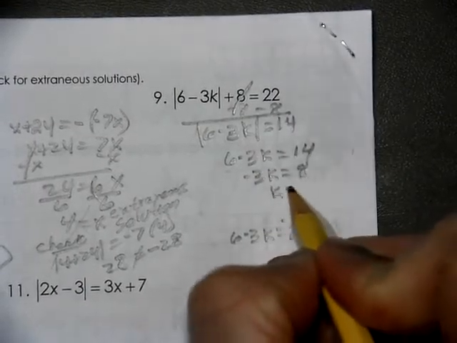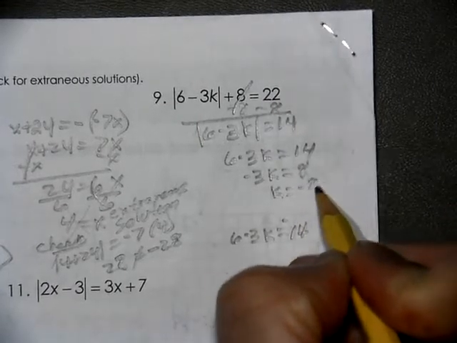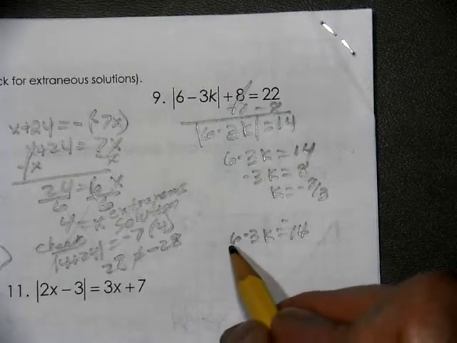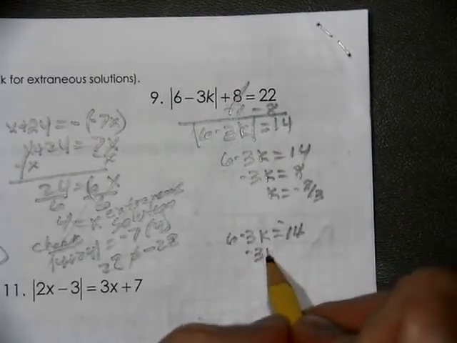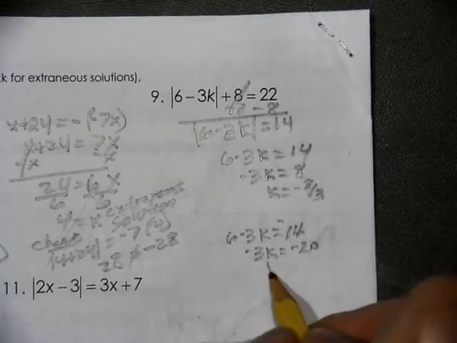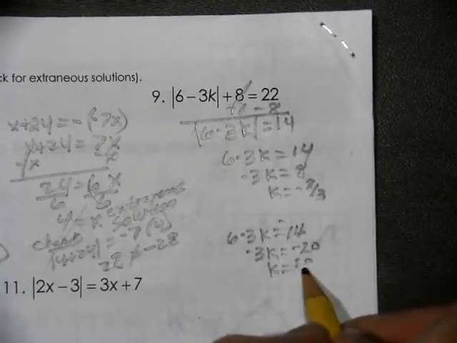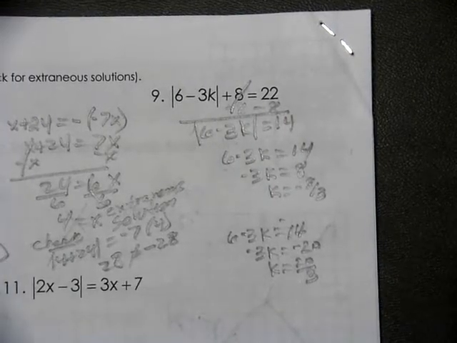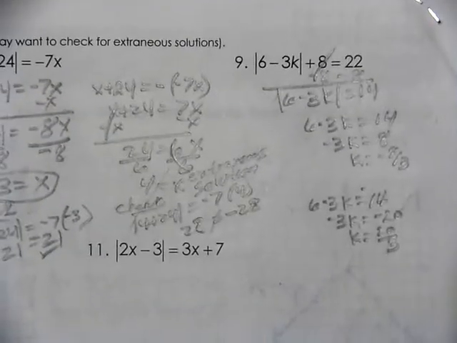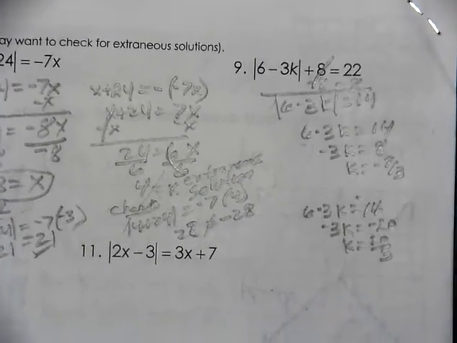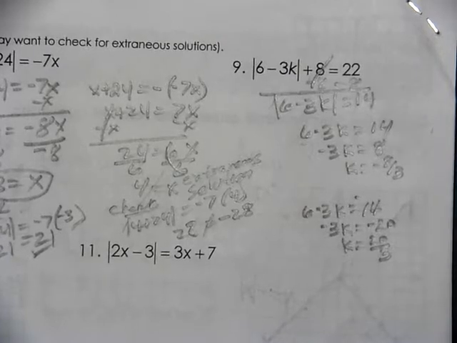Becomes 8, and we can divide. Get negative 8/3. We'll subtract our 6 across, and we'll divide. We get our two answers. Remember, one way to check that is to use our graphing calculator.